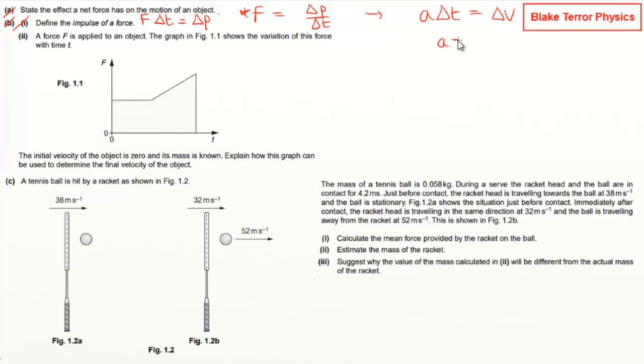And of course, that has come about because a is delta v over delta t. Well, we can see these things are the same. If you multiply both sides by the mass, then we've got the force is the rate of change of momentum. We've then got our delta p over delta t coming out again. So it's the same thing here.